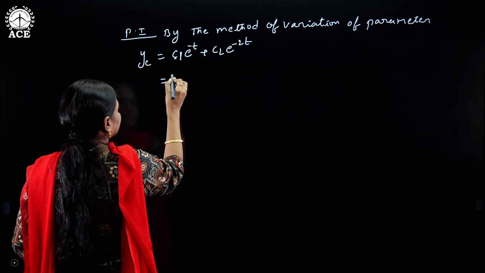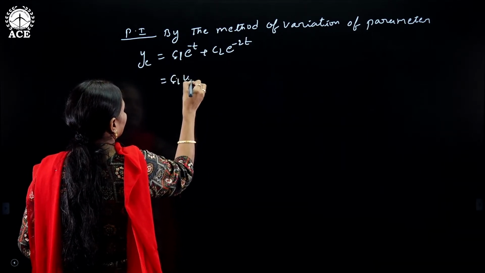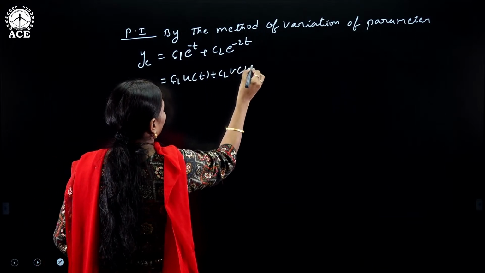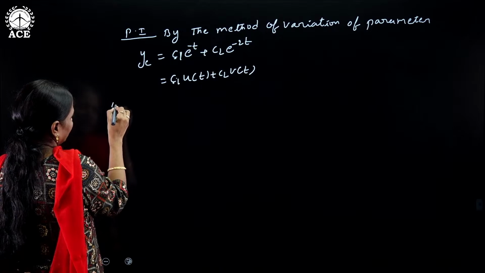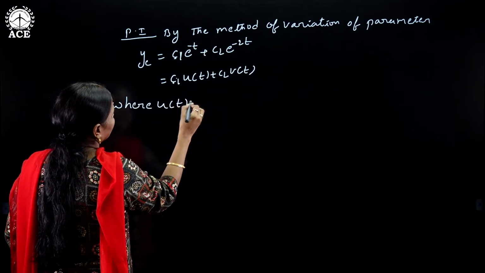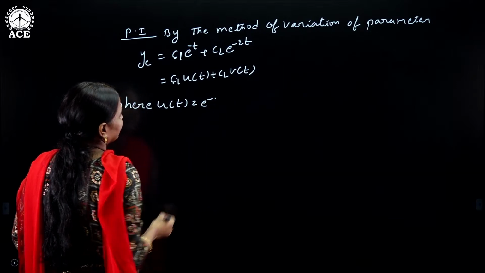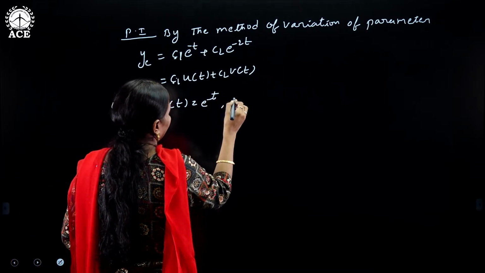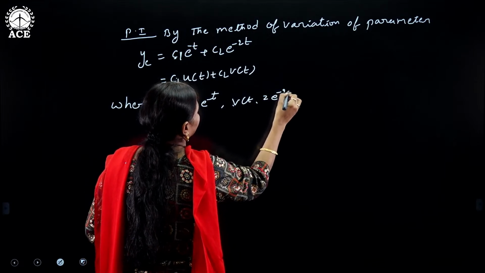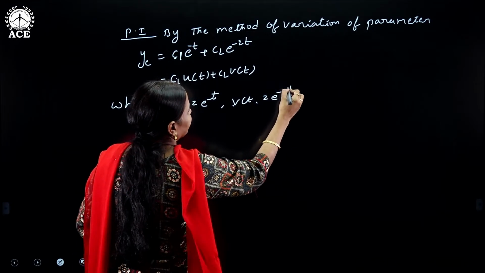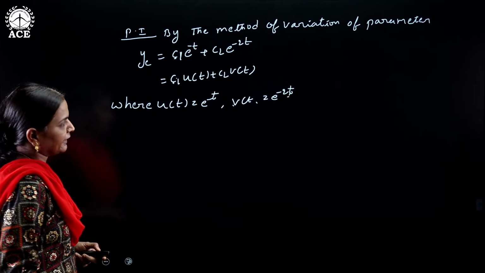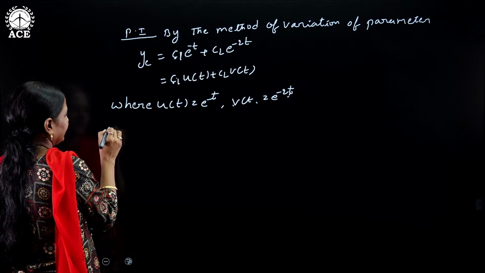Let us consider this as c1 into u of t plus c2 into v of t, where u of t is equal to e power minus t and v of t is equal to e to the power minus 2t. Next, using this u and v, we assume the particular integral.